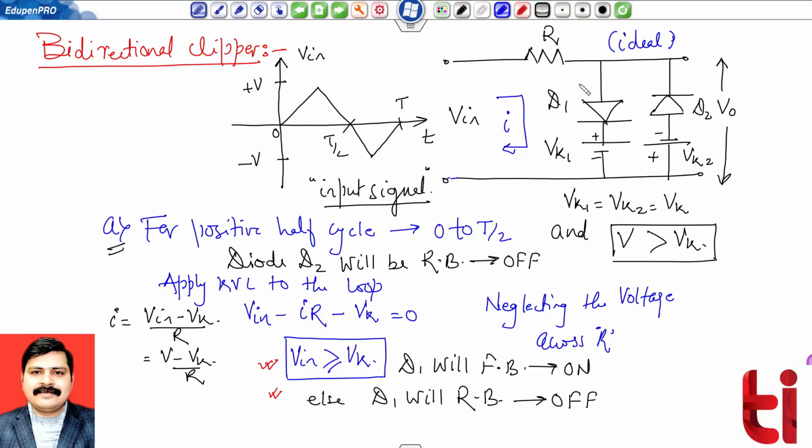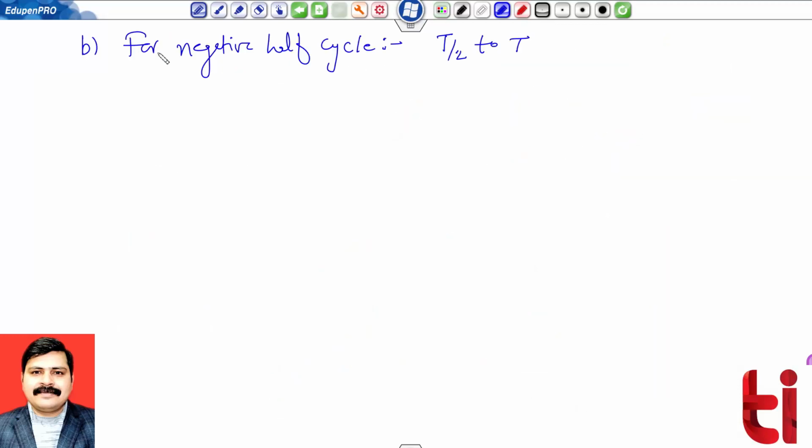That makes diode D1 permanently off, as the anode is at lower potential with reference to the cathode. So for the entire negative half cycle, my diode D1 is reverse biased, that means replaced by off. So we have to check the working for diode D2 only.